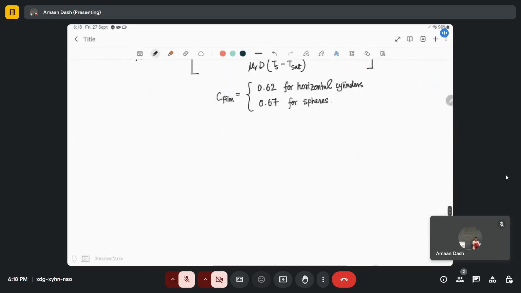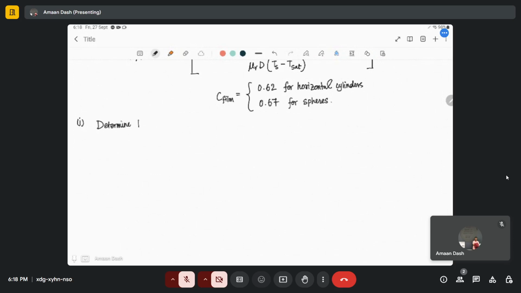So there are two bits to this question. First bit, I'll write the question and then you try solving it. Then we'll discuss the solution and then we'll move on to the next bit. So the question is determine the heat flux.